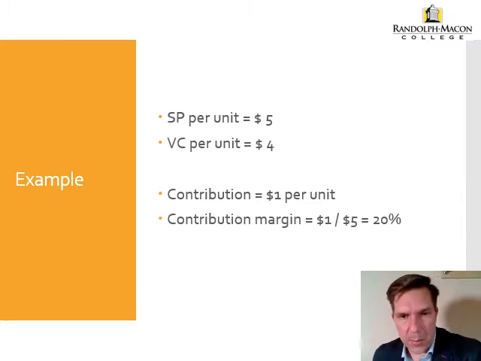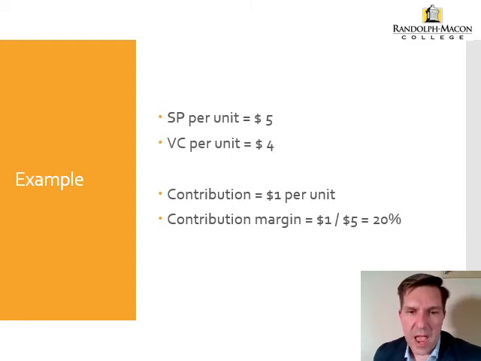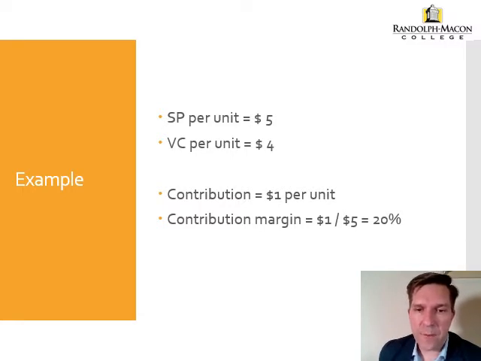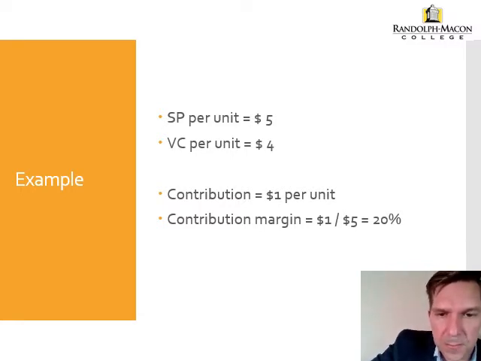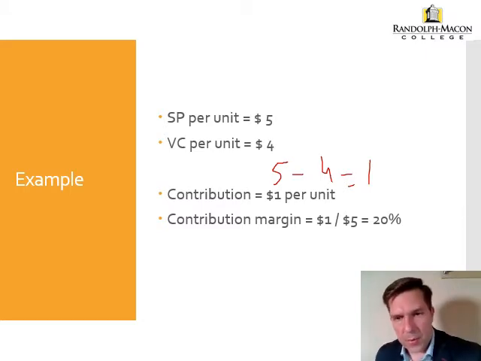Let's do a quick example. So if my price at the transaction level is $5 and my variable cost per unit, VC, is 4, my contribution per unit then will be 5 minus 4, which is going to yield $1 per unit.